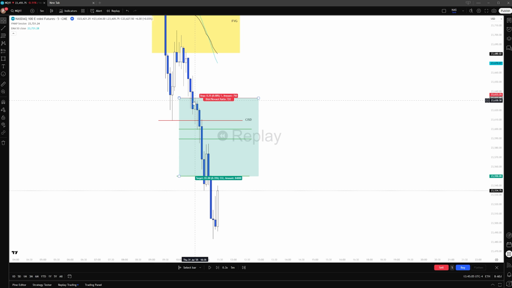So market breaks out of the market structure shift and it targets the lows. TP1 gets hit, TP2 gets hit. The stop loss is on break even, and what I like to do usually is trail the stop loss as well.